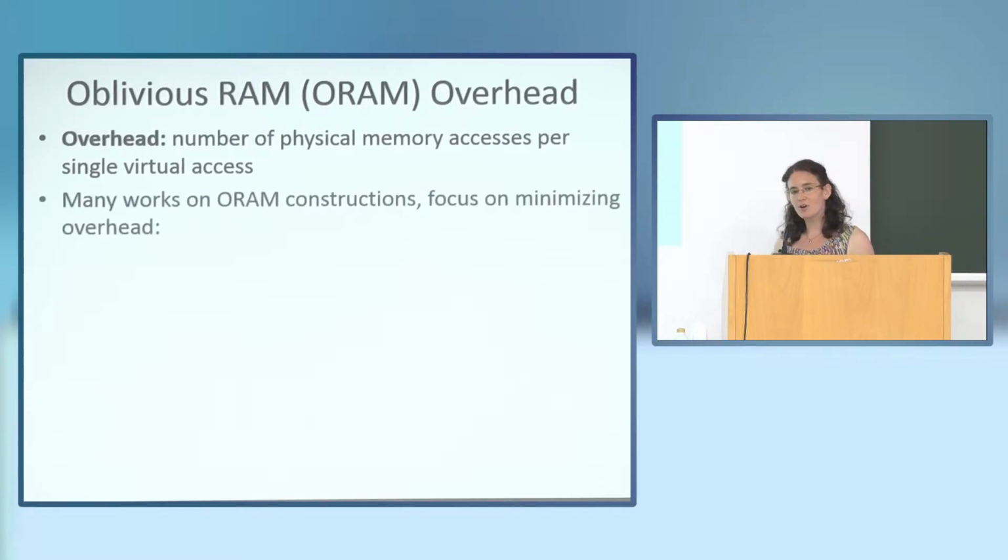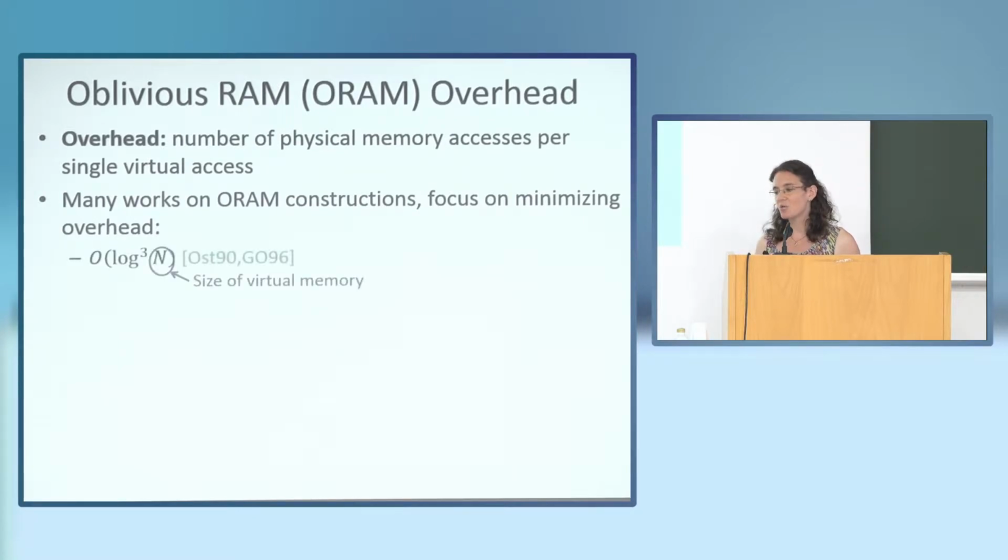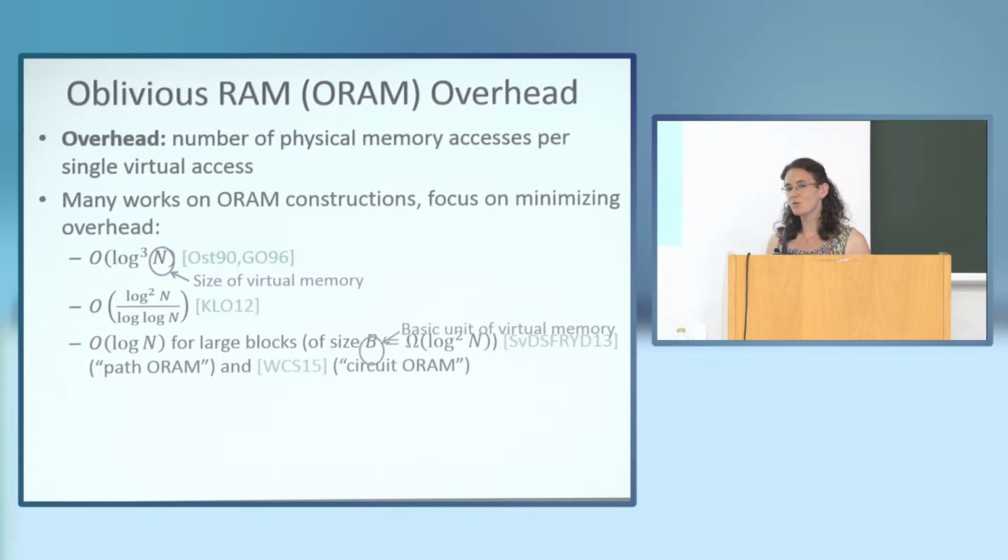And there's been a lot of work on this ever since the first Oblivious RAM paper, which obtained a scheme with log cubed n overhead, where n here is the database size. And this was later improved, culminating at works called PathORAM and CircuitORAM, which obtained log n overhead.